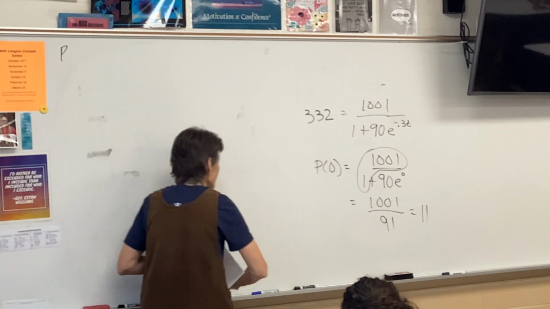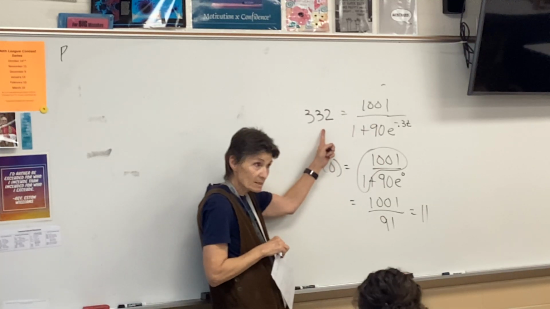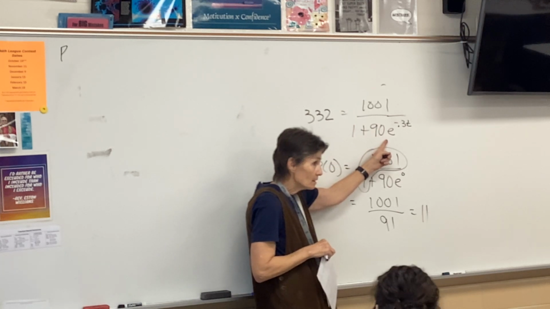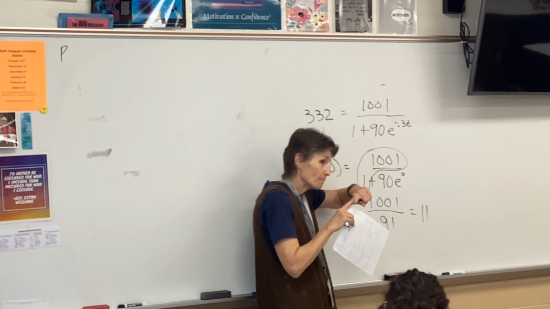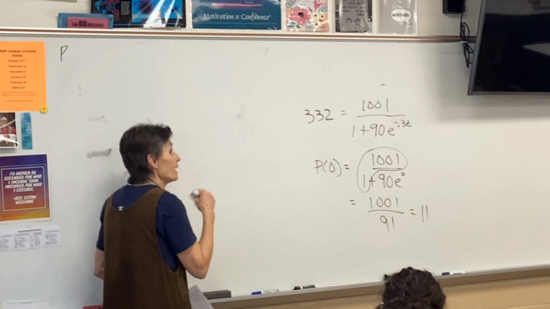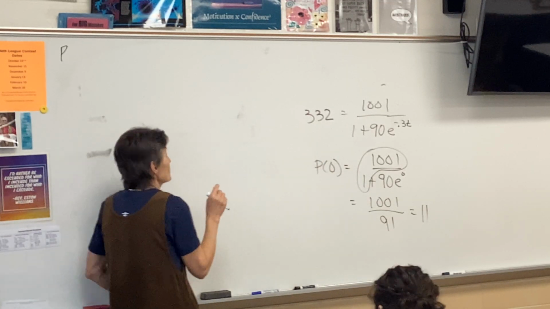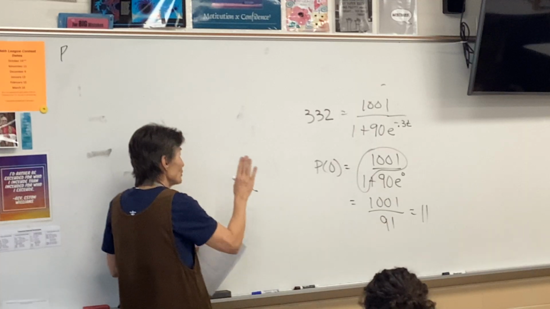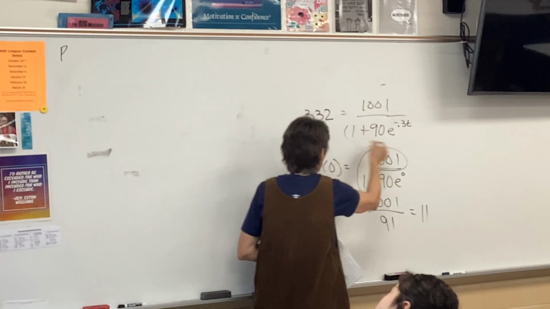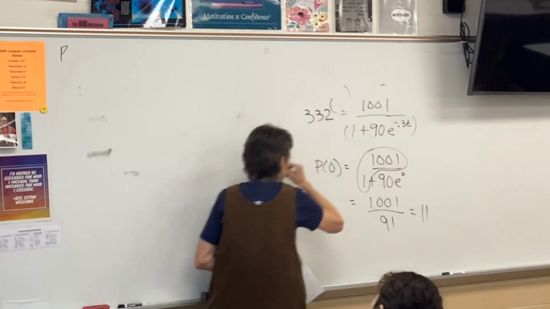One way would be to graph this and see where it goes. The other way, we're going to go ahead and do it algebraically. So what's our first step? We're going to do this algebraically, not by graphing. We're going to multiply this over to here, right?